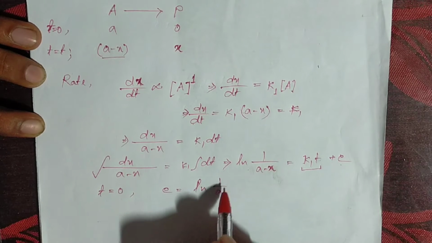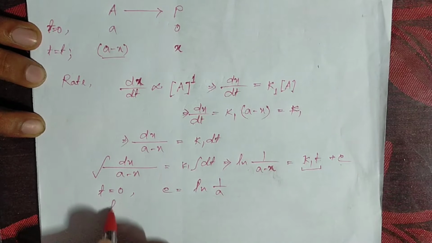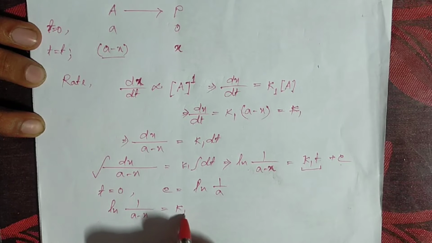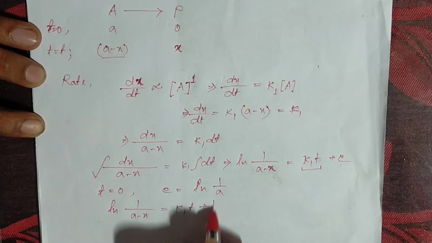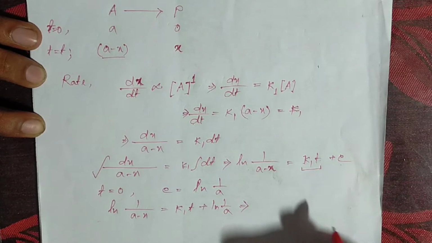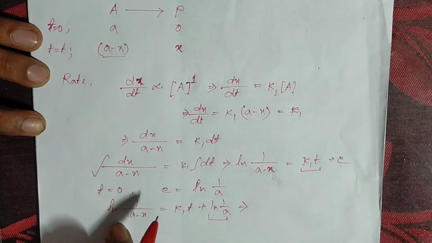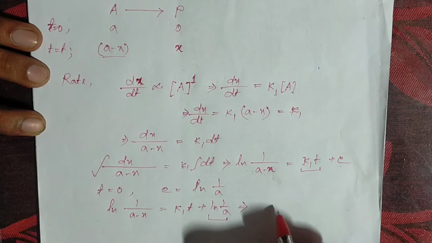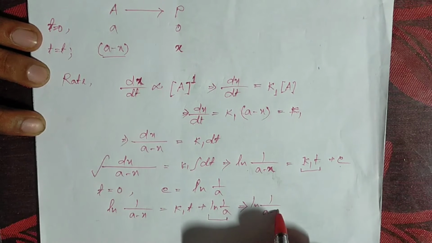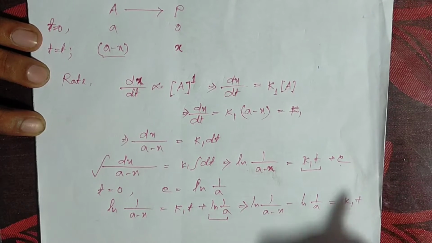Putting this c value in the equation, we get minus ln a minus x is equal to k1 t plus ln 1 by a. Bringing ln 1 by a over there, we get the equation.